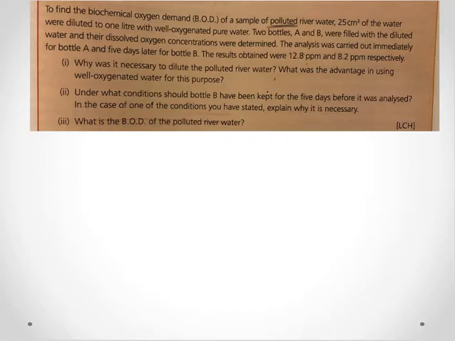And then the next one, what is the BOD of the polluted river water? So this is the maths bit, but it's a very easy one in this case. So in order to get the BOD, biological oxygen demand, you have to subtract the dissolved oxygen on day 5 from the dissolved oxygen on day 1.